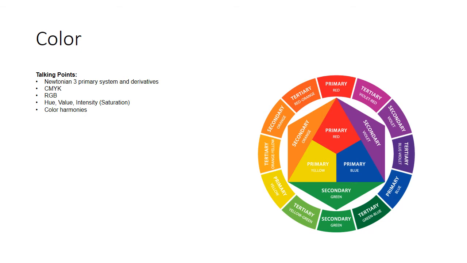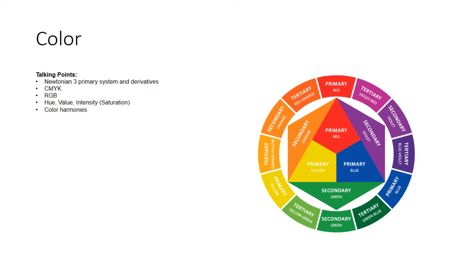Now, when we talk about color, we talk about 3 basic components. The most commonly expressed way to talk about that is hue, value, and intensity or saturation. Hue is red, the fact that it's red. Value is the lightness or darkness of that, not the intensity, not how red it is. That's intensity.